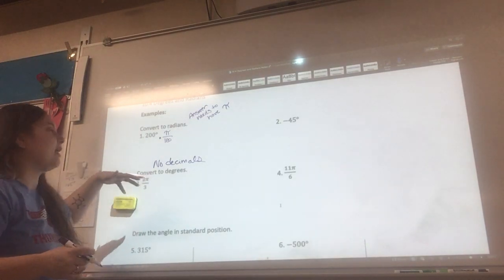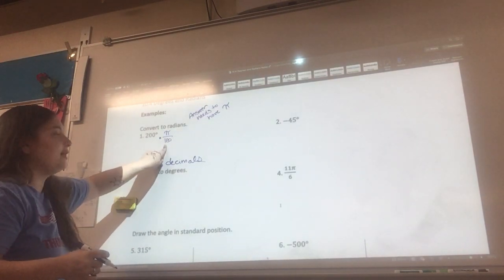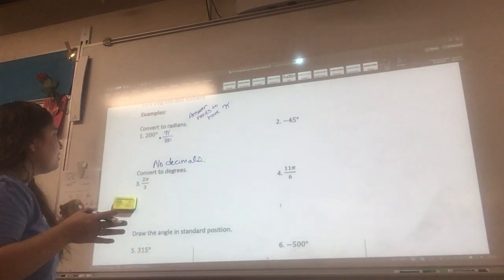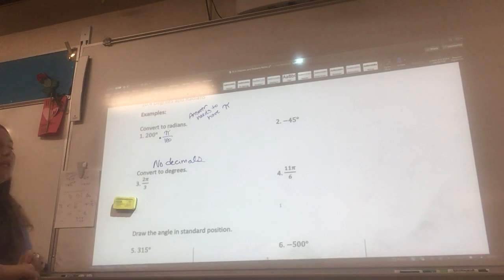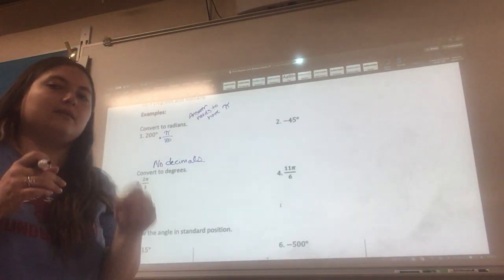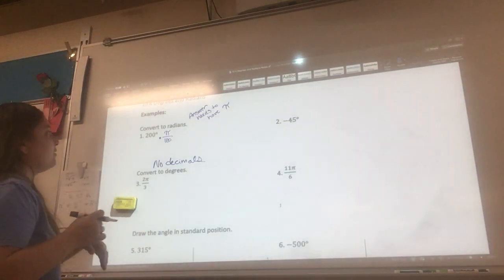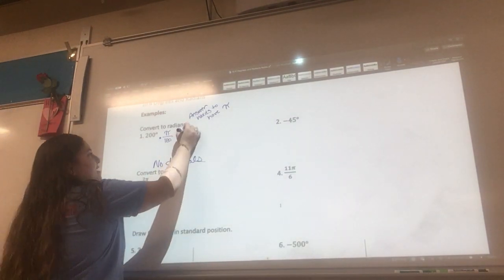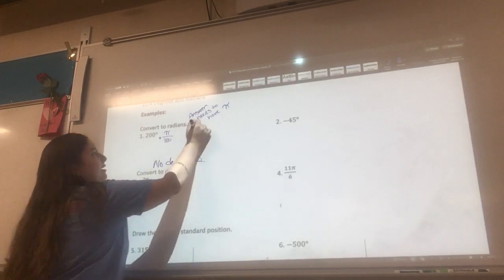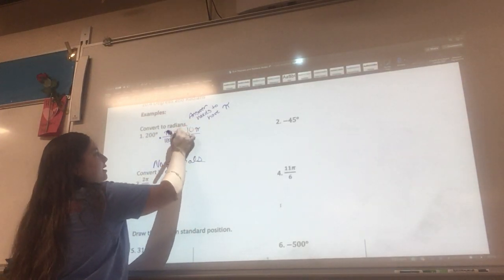In your handy dandy calculator, do 200 divided by 180, leaving pi alone. Then press math, frac, the fraction option. You see 200 divided by 180 is 10 ninths, and our pi just stays on top.